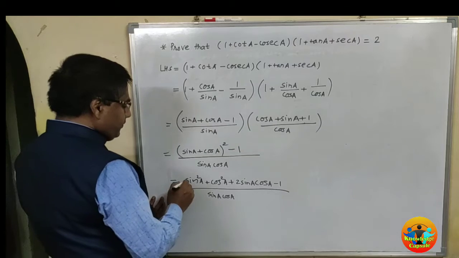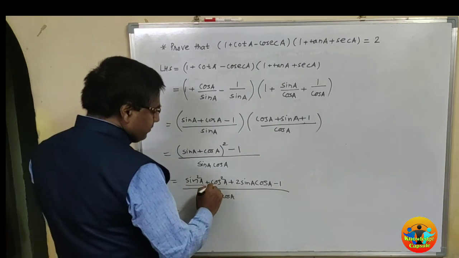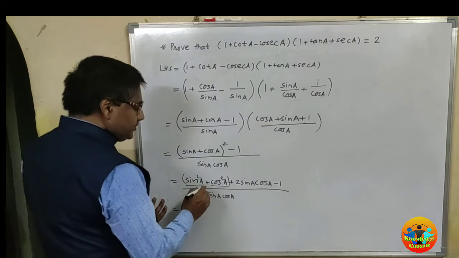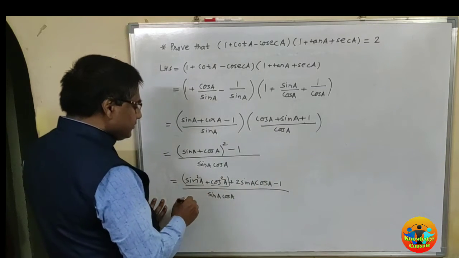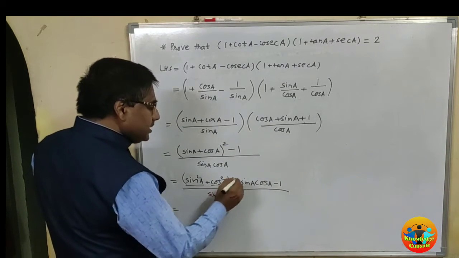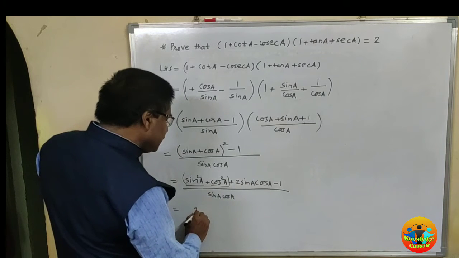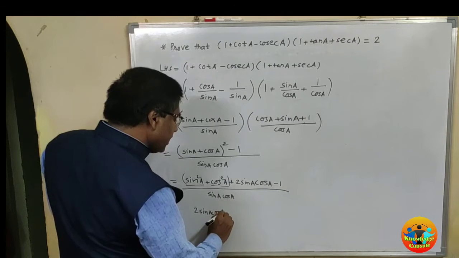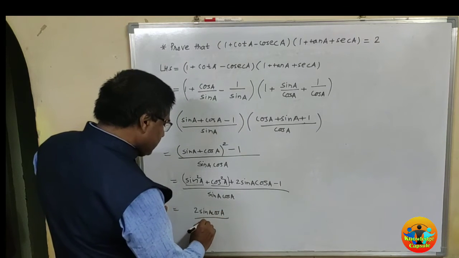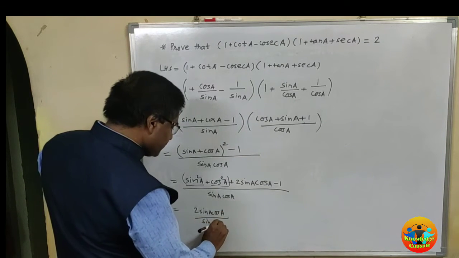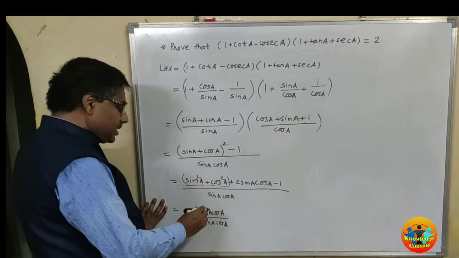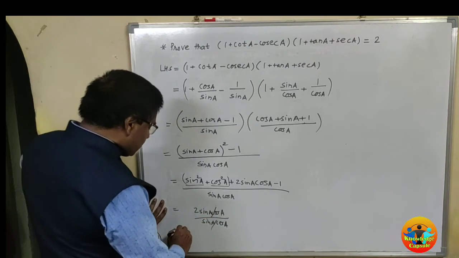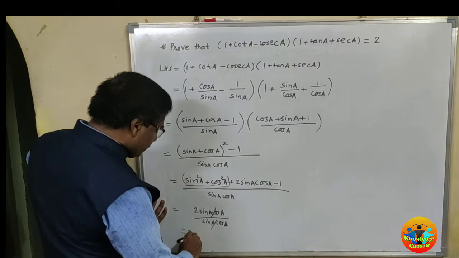As we know, sin square A plus cos square A is equal to 1. This 1 and this minus 1 will get cancelled. In the numerator we get 2 sin A cos A upon sin A cos A. Sin A cos A from numerator and denominator will get cancelled, and finally we get 2.